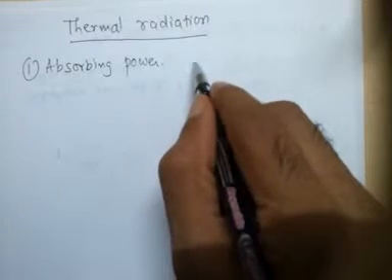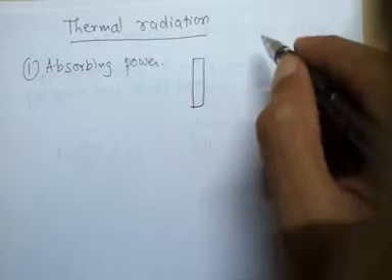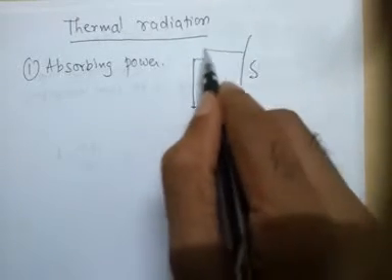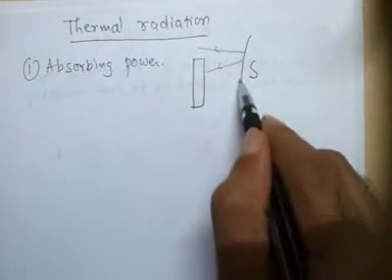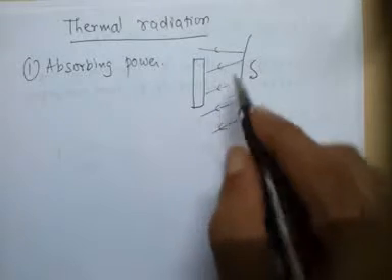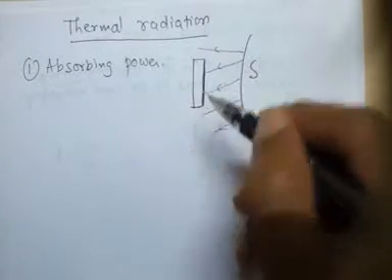Let us say we have an object. Let us say this is an object, and this is a source of radiation, and this object is emitting radiant energy. So these are all radiations coming out of this object and are incident upon this particular surface of the object.